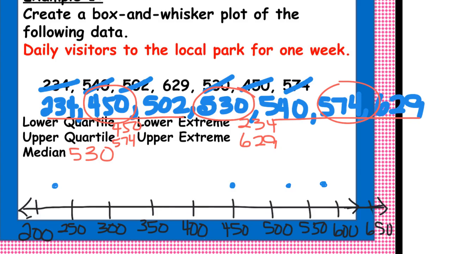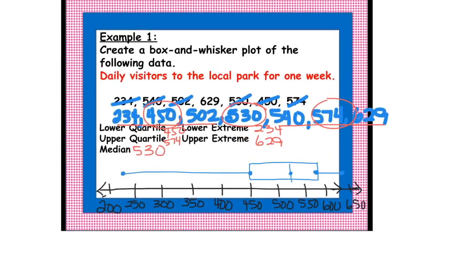And then the upper extreme is 629. So right about here. So I draw a box around my quartiles right here, and I draw a line through the median, and then I have my whiskers. Okay? So now I have drawn a box and whisker.